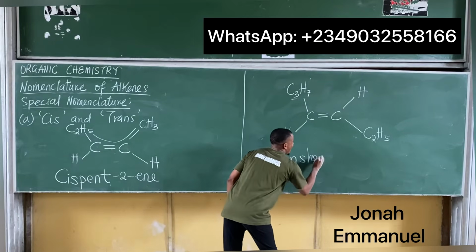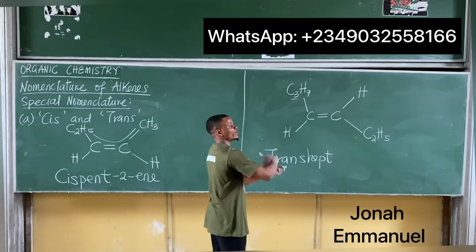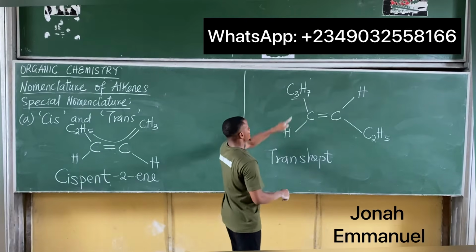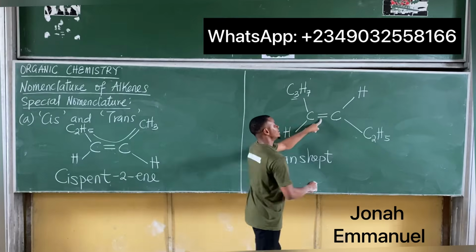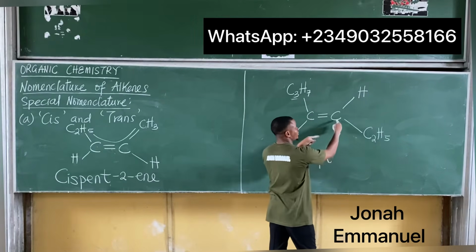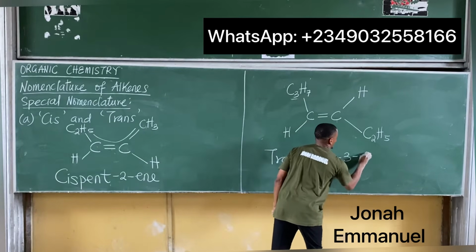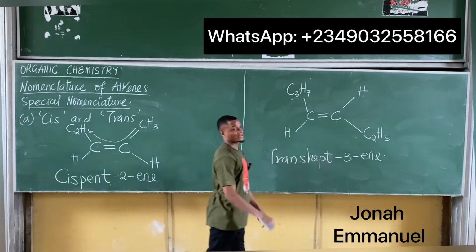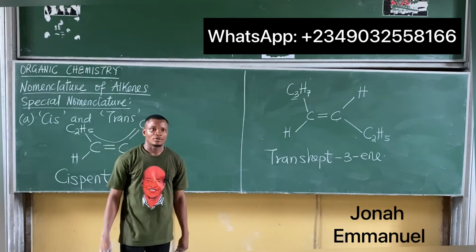So trans-hept. Which gives you the smallest number to your double bond? This is 3 plus 1, 4. This is 2 plus 1, 3. Between 4 and 3, 3 is the smallest. So trans-hept-3-ene. This is how you name this one.